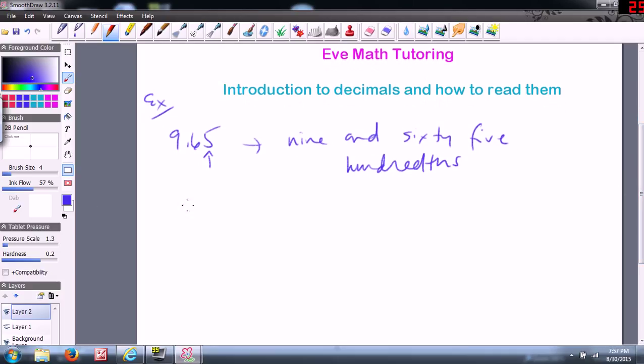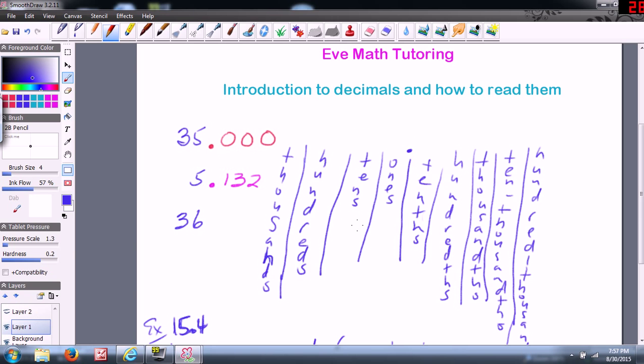So if we have 2.834, that would be read as 2 and then, again, you look at the last digit, and if we go back to our chart, the last digit falls in the thousandths place with a TH.